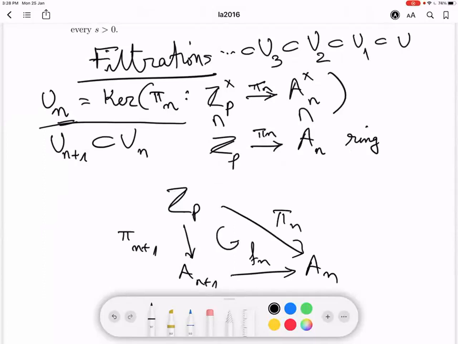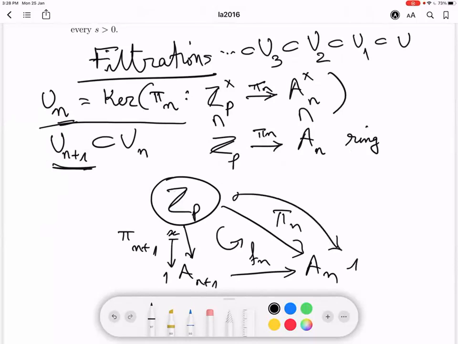This diagram commutes. So if x belongs to U(n+1), it means that x goes to 1 in A(n+1). Because the diagram commutes, it has to go to 1 in An as well, since 1 goes to 1.